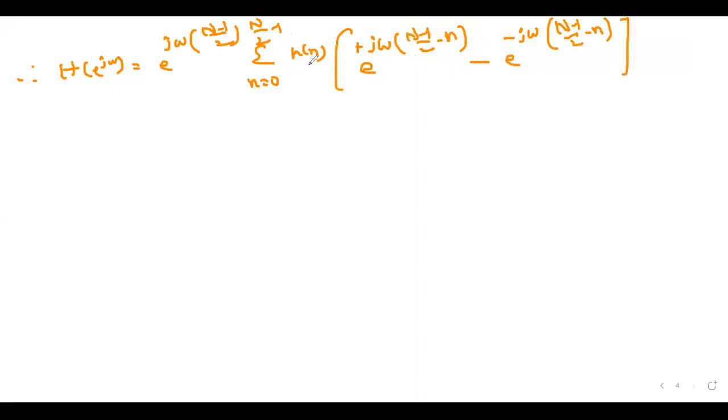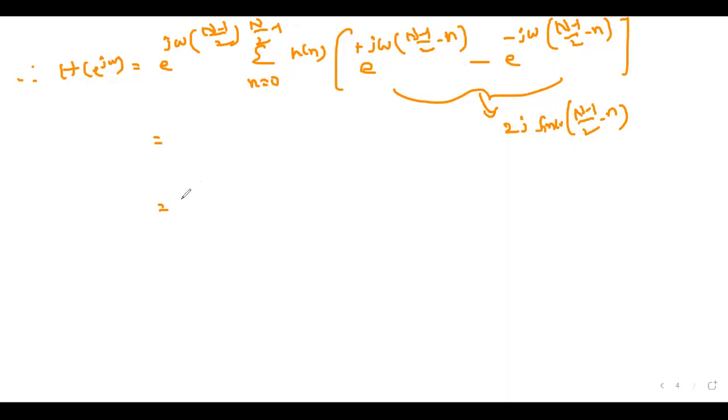Right? See here now, this part can be written as 2j sine omega of N minus 1 by 2 minus n. Correct? So in place of this, I can write this.